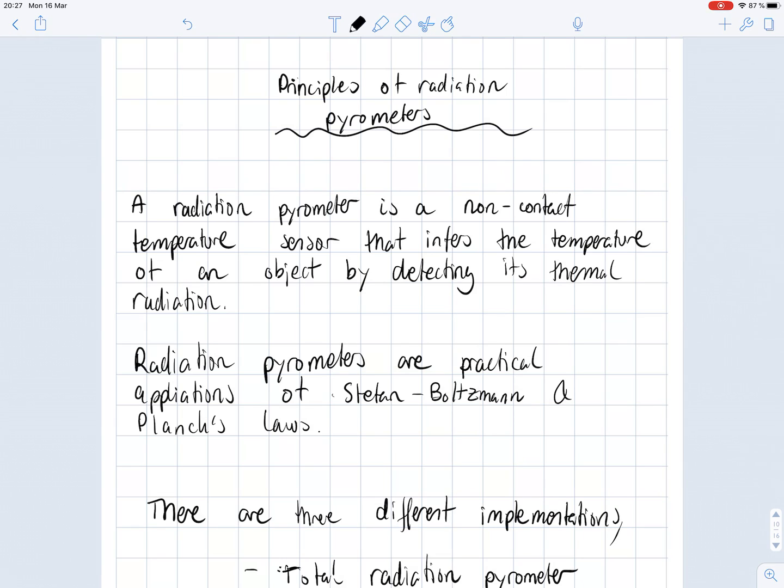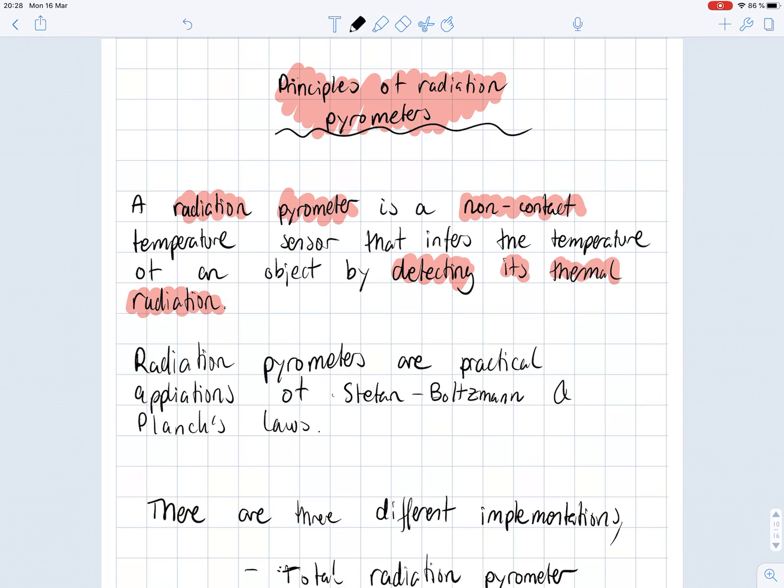But before we do that, we will visit some measurement techniques, or a measurement technique to be more specific, which is radiation pyrometry. A radiation pyrometer is a non-contact temperature sensor that infers the temperature of an object by detecting its thermal radiation.